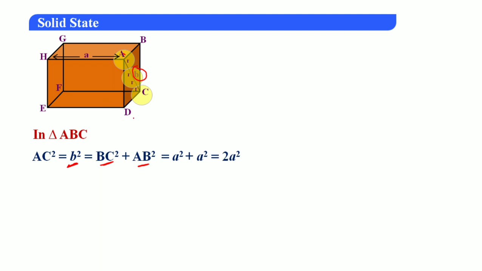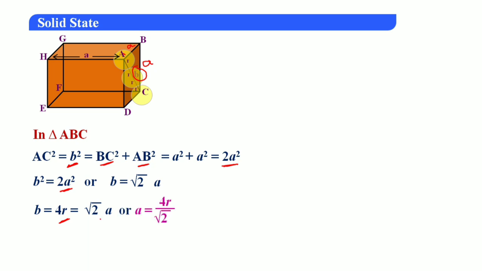BC and AB are nothing but edge length A, so A square plus A square, 2A square. So b square is equal to 2A square, b is equal to root 2 A. But b is equal to 4R, hence 4R is equal to root 2 A. So edge length A is equal to 4R by root 2, or 2 root 2 R.